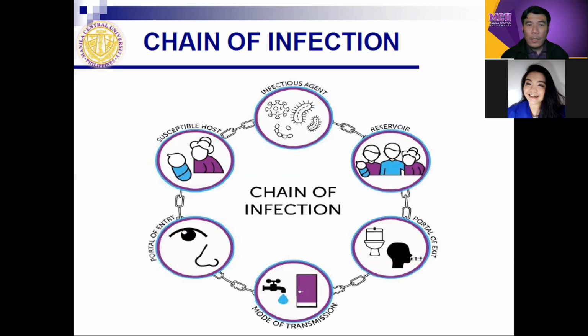And the place where these infectious agents or causative agents stay for multiplication is the reservoir. The reservoir could be soil, animals, humans, or objects.